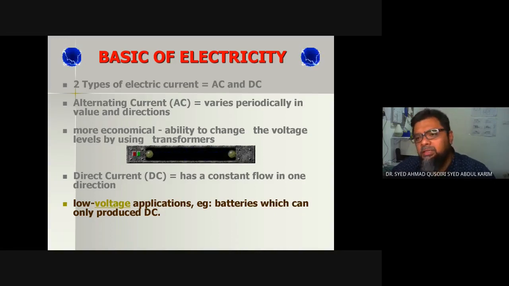Without electricity, we'll be back pada zaman-zaman dulu lah. Alright, so that is on AC and DC. Very interesting topic. I like it very much.